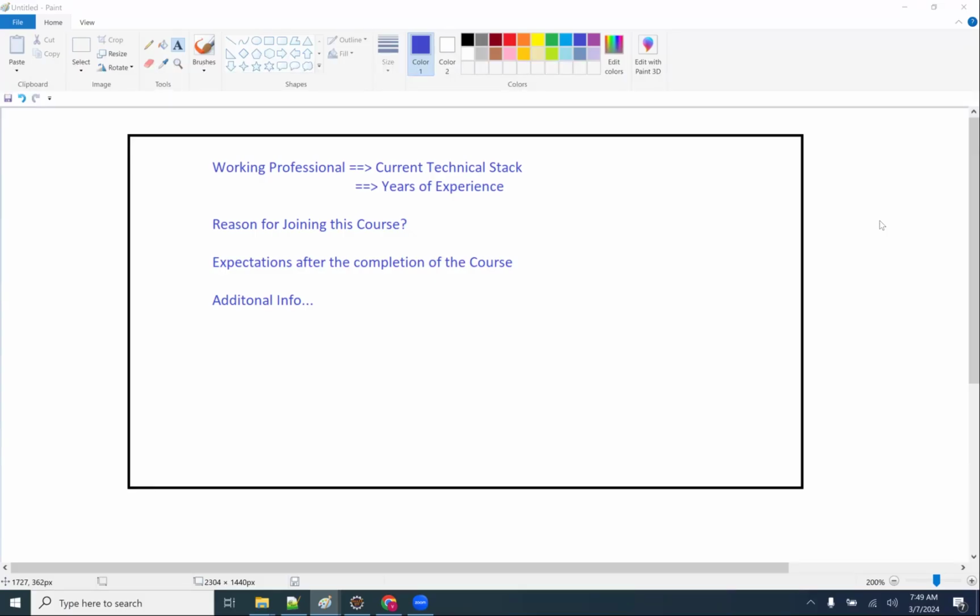I just want to upskill myself and be able to design architecture-level things. That's the kind of skill I wanted. Also, how business rules affect the design. I want to understand that angle as well to upskill myself. These are the reasons and expectations.